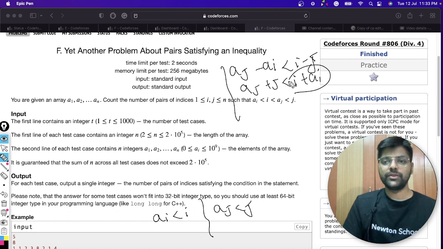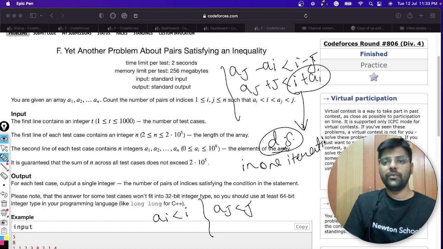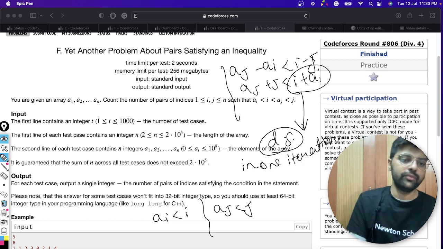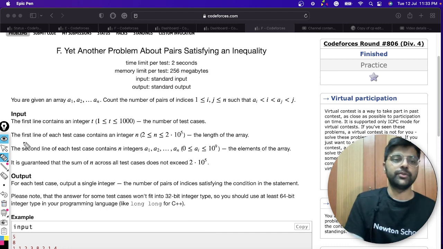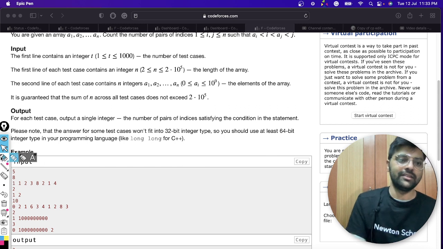If we store this kind of value in a data structure, then in one iteration we can check the given condition. How? We will discuss in this problem. So there are some inequalities given, an easy one.